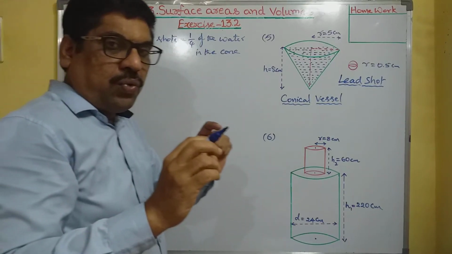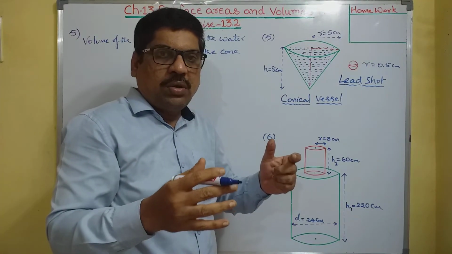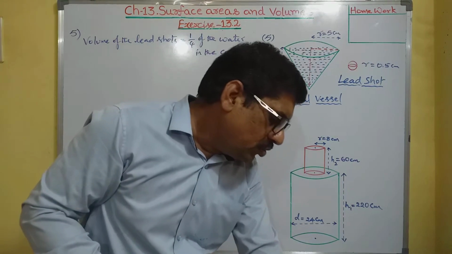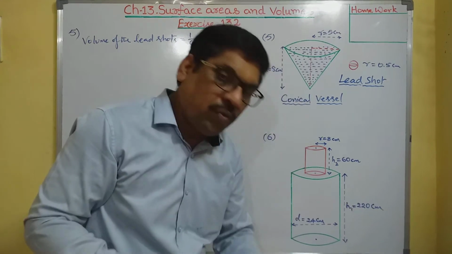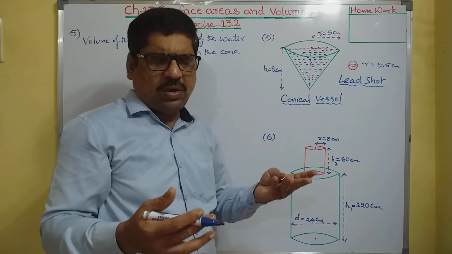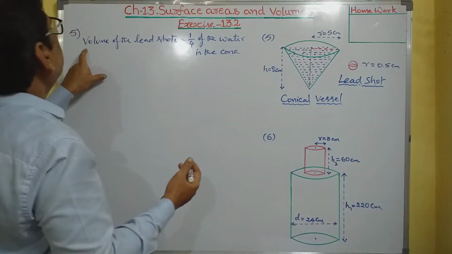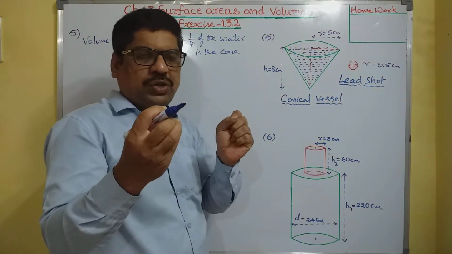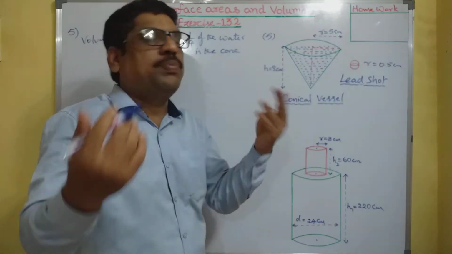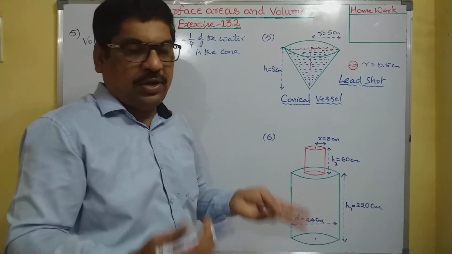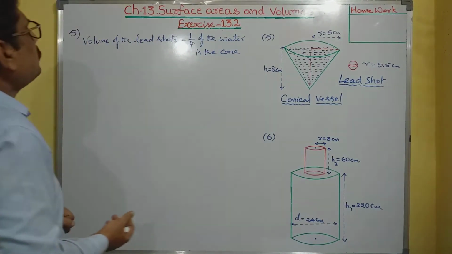Because 1/4 of the water overflowed, meaning displaced. So the volume of the lead shots dropped into the water is equal to the volume of the water displaced, that is 1/4 of the water. So these two are equal.